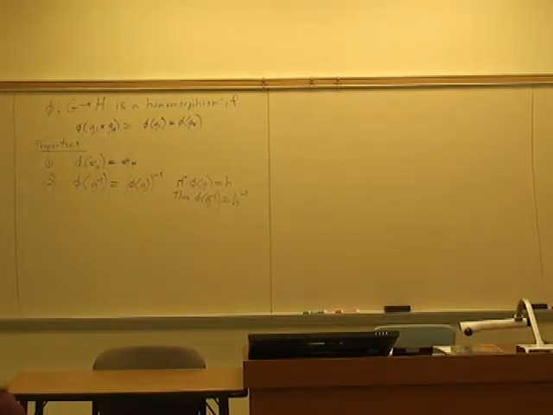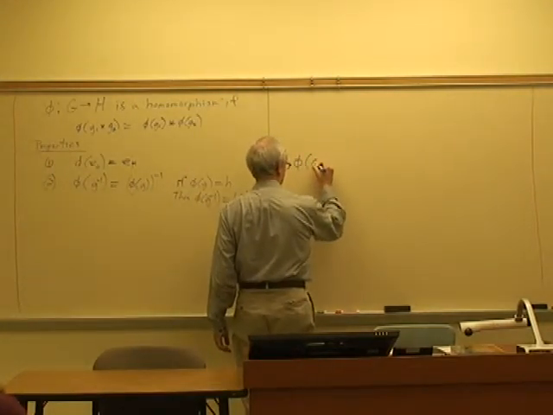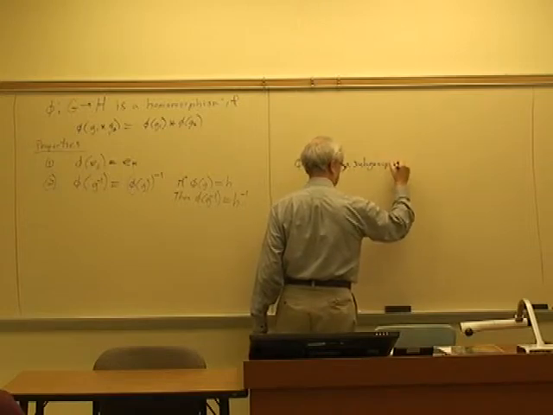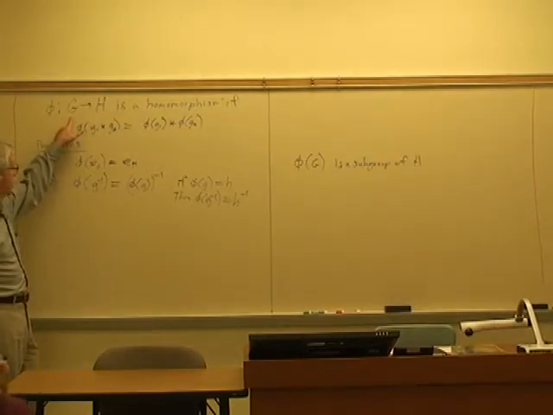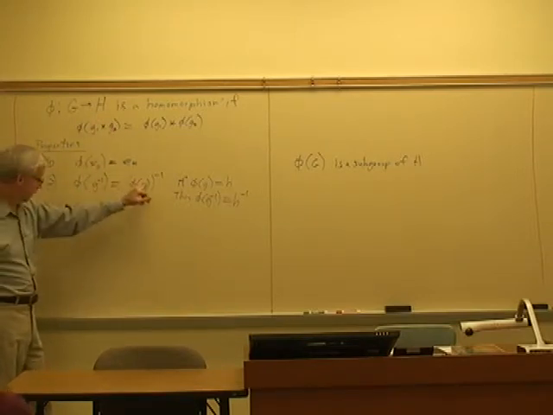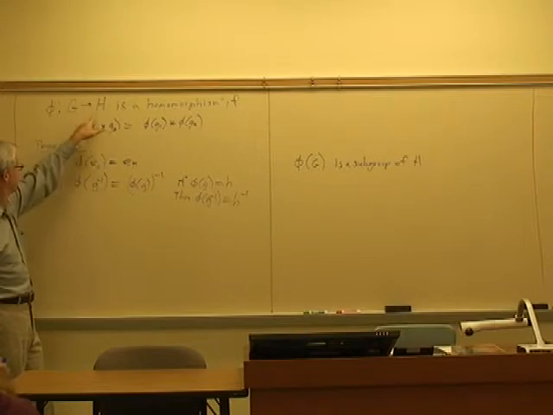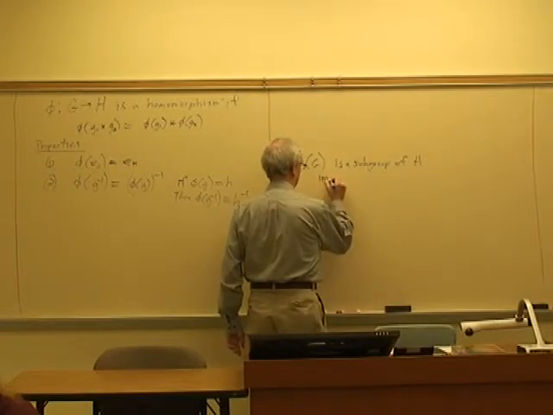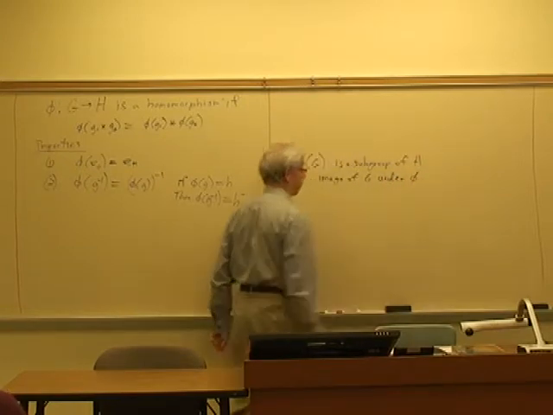But these two together mean that the image of the entire group under the map, because it maps from G to H, every answer is in H, but because the identity goes over and inverses are preserved, we obviously have closure because every image lives in H. Phi of G is a subgroup of H. It's called the image of G under the homomorphism.